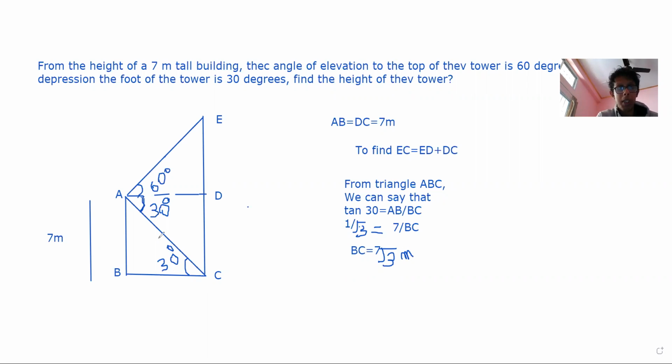What is this BC? This BC is equal to AD. So we are gonna use this triangle ADE now. Okay. See how we use it. From the triangle ADE, we can say that tan 60, we can say what?